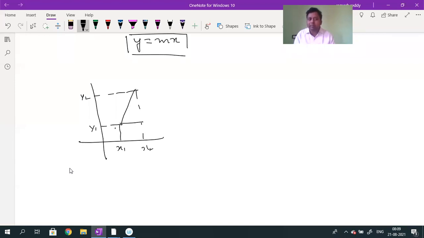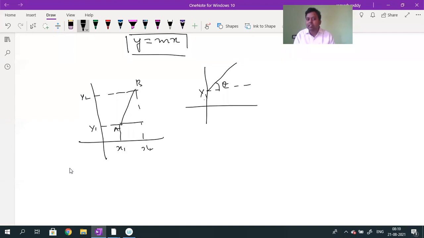Can I call the straight line EB? It is not compulsory for all straight lines to pass through the origin. If the straight line is given like this and I want to calculate the slope, what is the angle made by the straight line with the horizontal? Tan of the angle, tan theta, is equal to the slope.